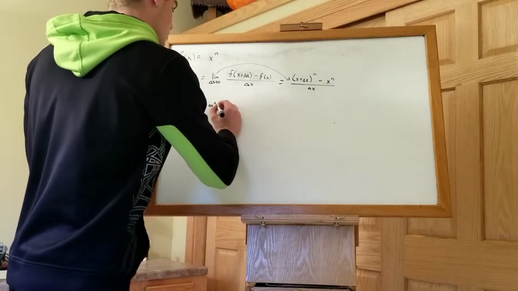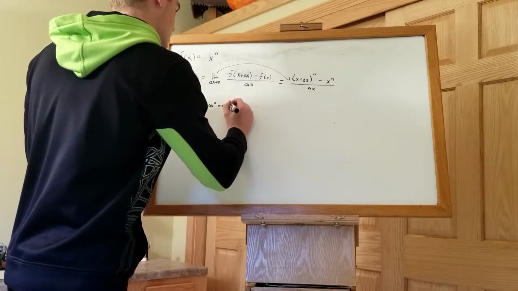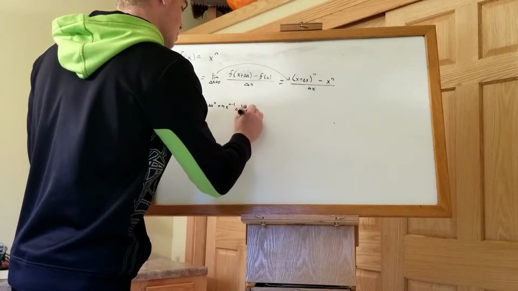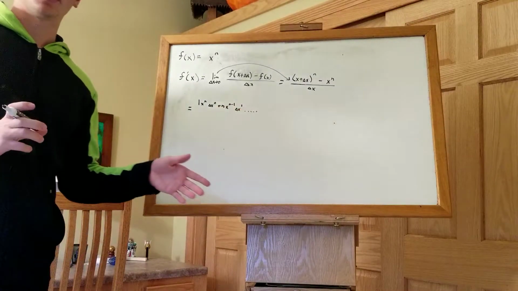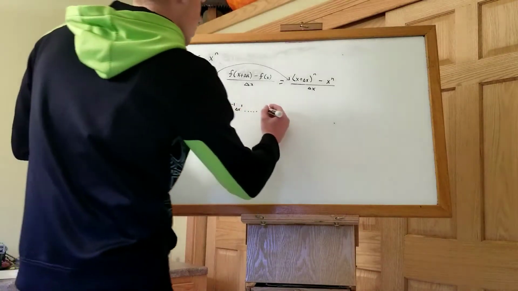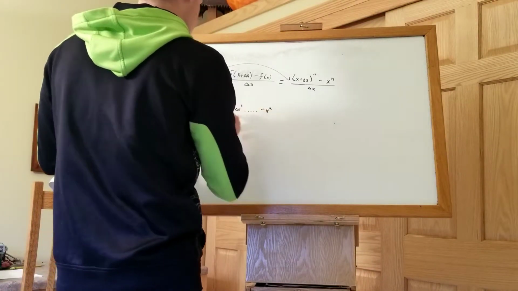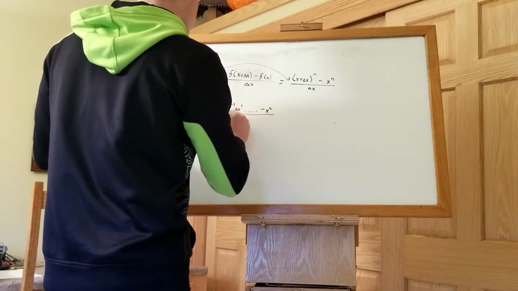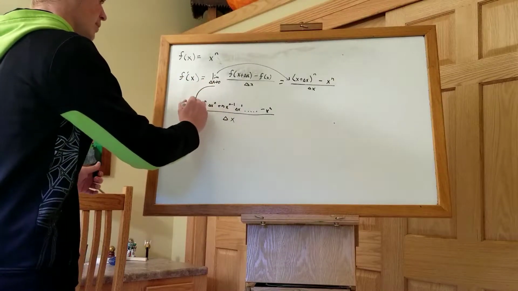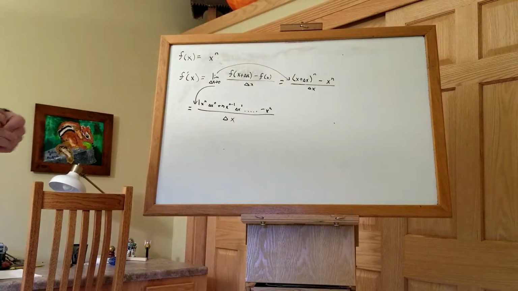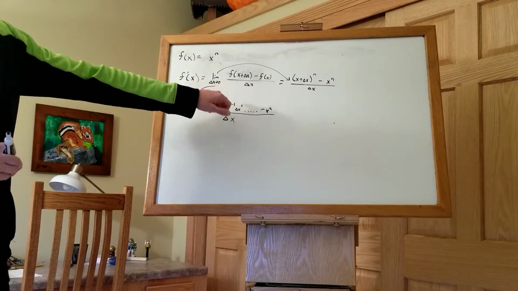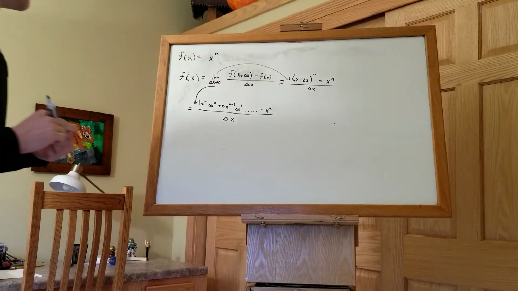And then it's going to be plus n x to the n minus 1 delta x to the first, plus a whole bunch of other terms, which won't matter, as I'll show in a second, minus x to the n, all over delta x. And I forgot to write in the limit again, but keep in mind the limit carries over. And this is obviously still a problem since we have a delta x in the denominator and the limit is delta x approaches 0, but that will cancel out pretty soon.